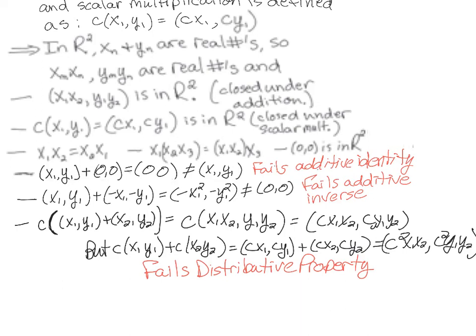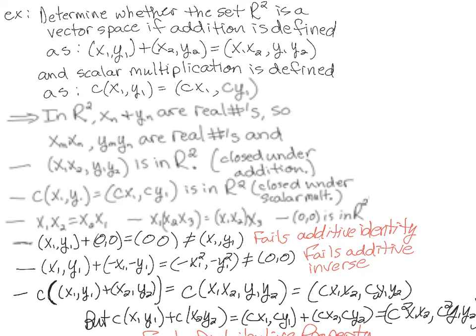This axiom right here says that the first point plus the second point is going to be the same as the second point plus the first point. U plus V equals V plus U, sorry. Because when I add under this definition, if I add these in the opposite order, I get x2, x1, but they're real numbers, so it equals the same thing.